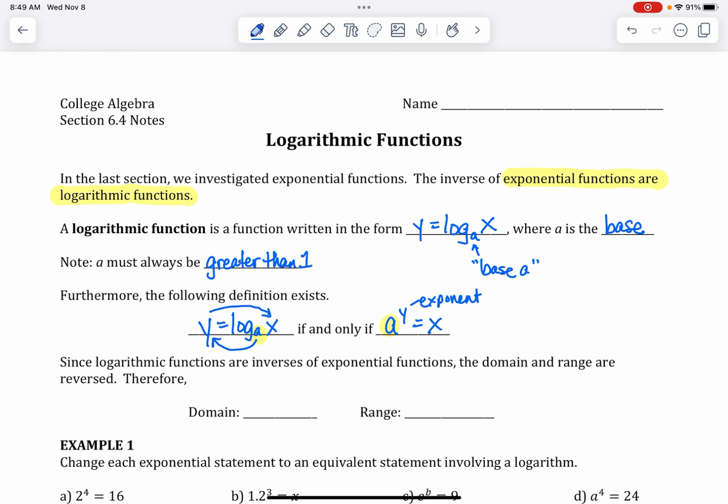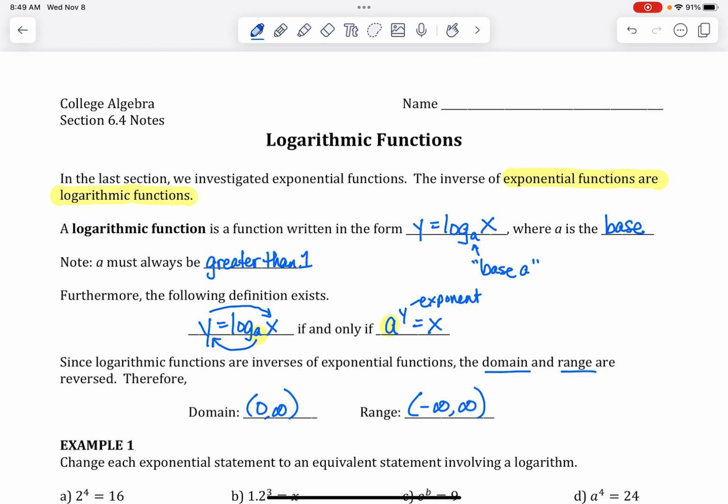Doing so will save you lots of time and anxiety as you try to solve a lot of these equations, okay? As it's related to its inverse, of course, the domain and range are also reversed, right? Inverses mean the x things and the y things are switched. So if the domain of an exponential function was all real numbers, the range of the exponential function was 0 to infinity. The domain of the log function is 0 to infinity, and therefore the range here is all real numbers.